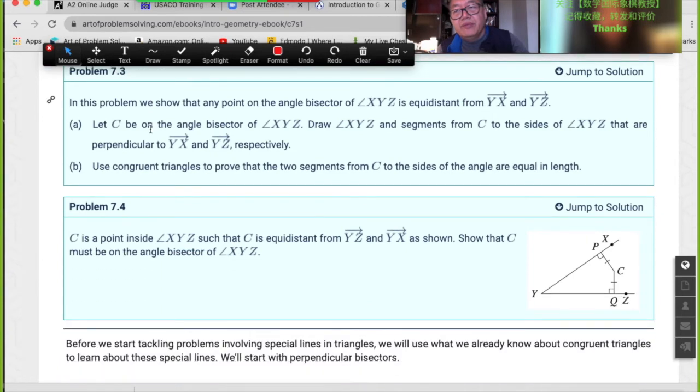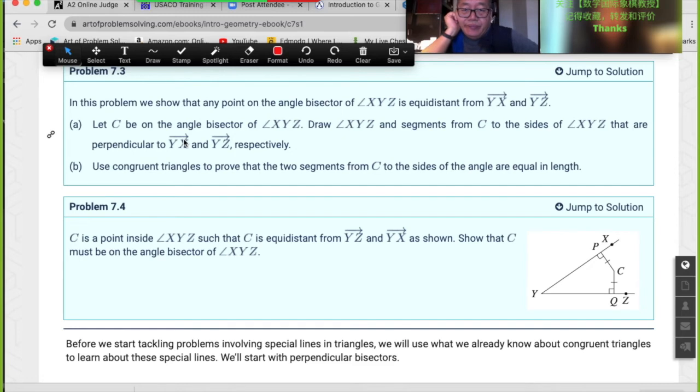7.3. Can you read this problem? In this problem, we show that any point on the angle bisector of angle XYZ is equidistant from ray YX and ray YZ. Let C be on the angle bisector of angle XYZ.